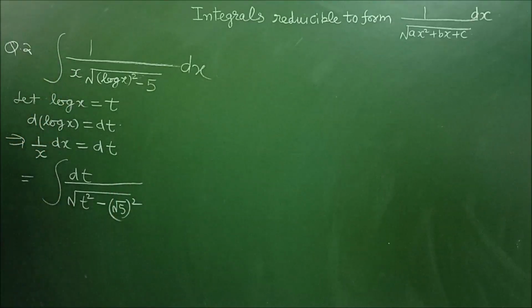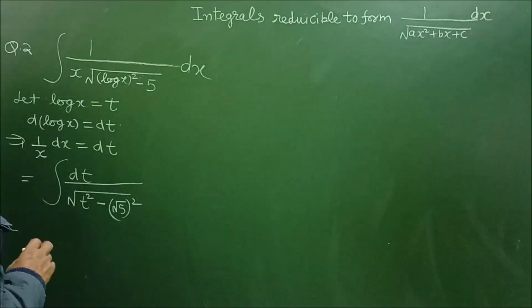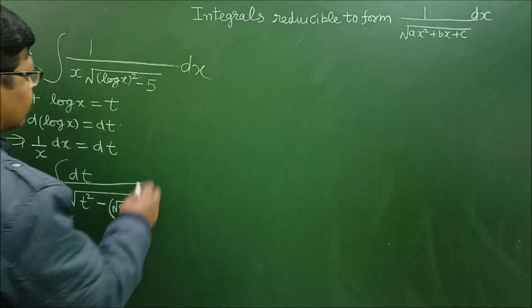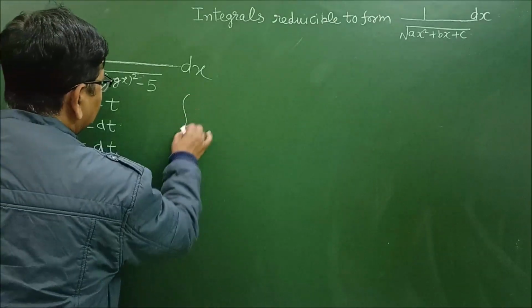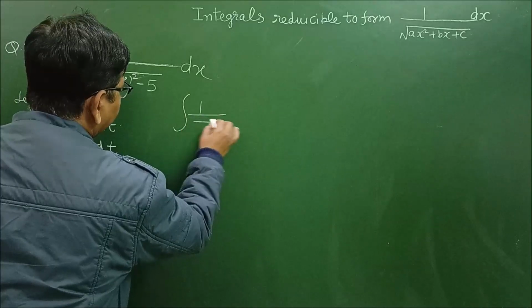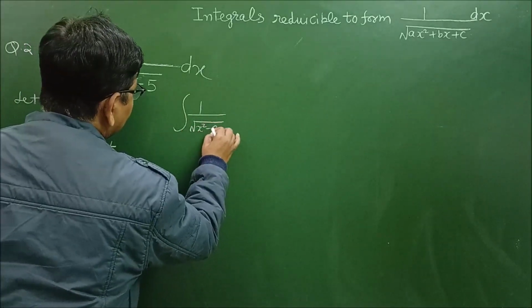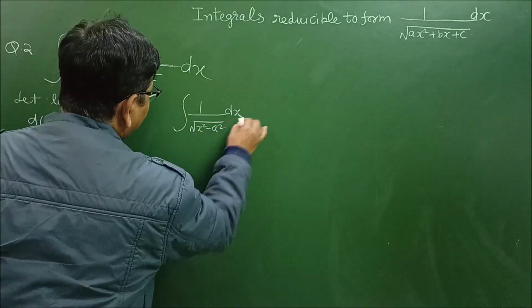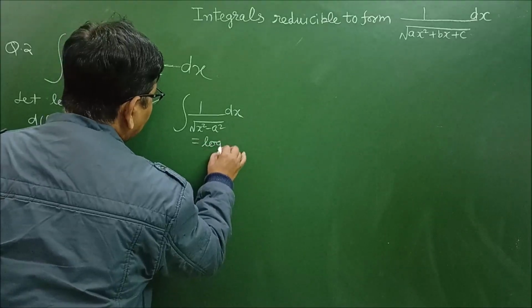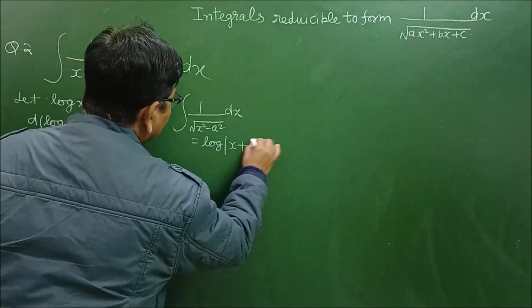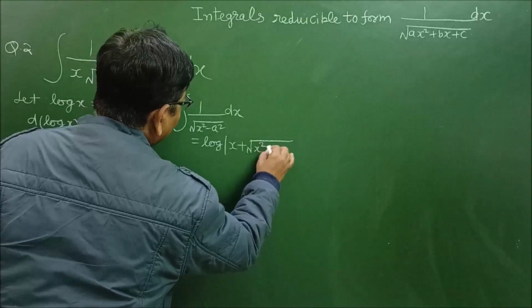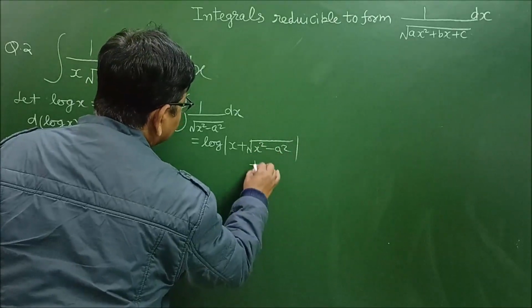And now this integral is of the form 1 upon under root of x square minus a square dx, which is equal to log mod of x plus under root of x square minus a square, plus c.